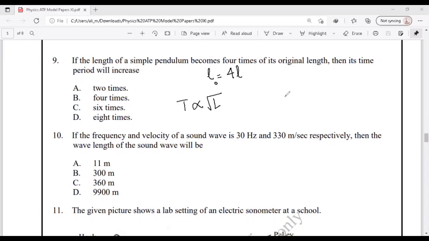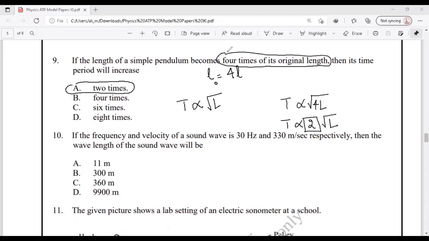If we increase the length by 4 times, this means the time period will be proportional to the square root of 4L. If we take the root of 4, we get 2. This means that the time period has increased by a factor of 2. So by increasing the length to 4 times the original length, the time period becomes 2T. The time period will be doubled. So the correct answer is option A.